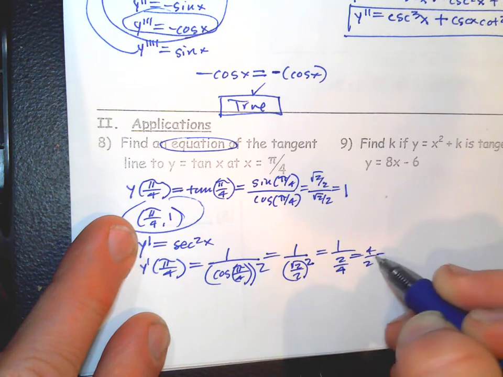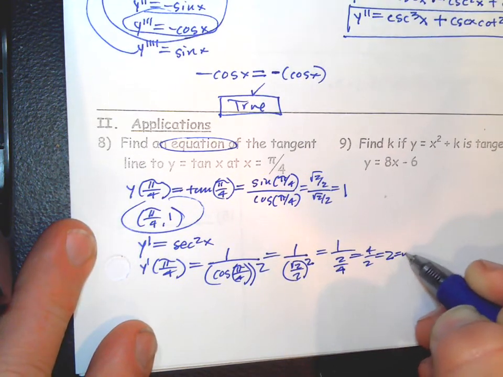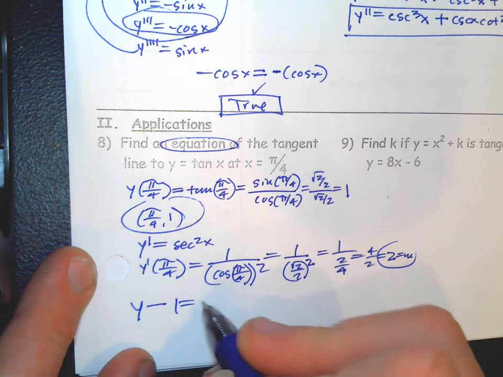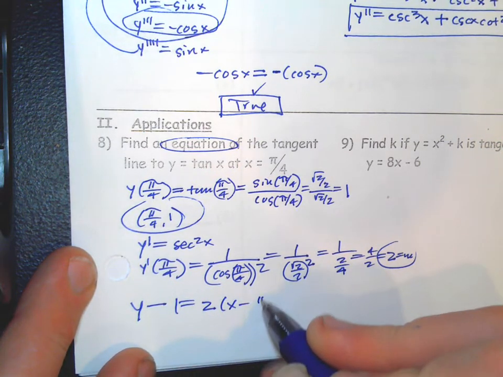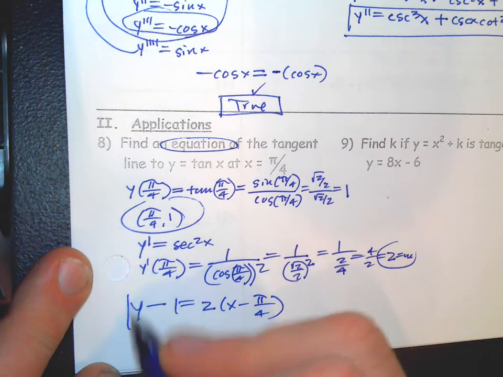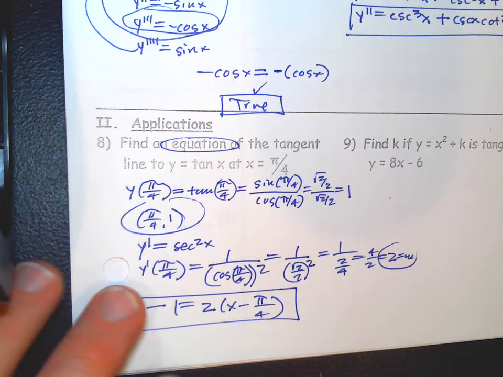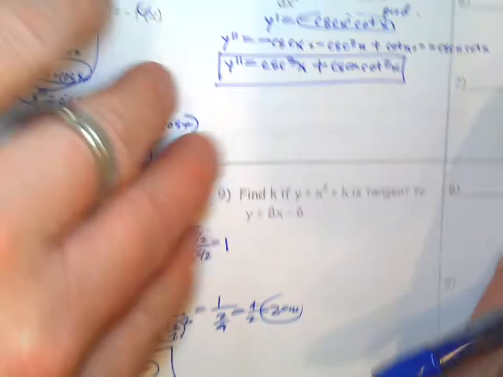If you multiply by the reciprocal, it's going to be 2. So this is your slope. So your equation is going to be y minus 1 equals 2 times x minus pi over 4. I would just leave it like that. I would not change it to slope-intercept form because that takes more time and leads to more mistakes.